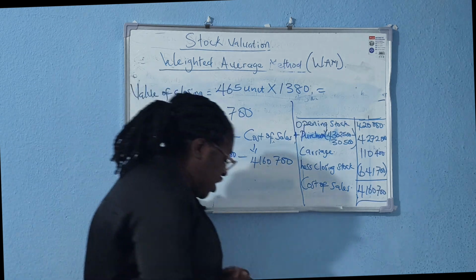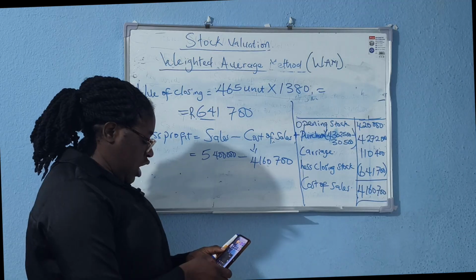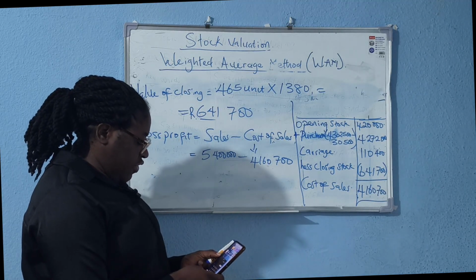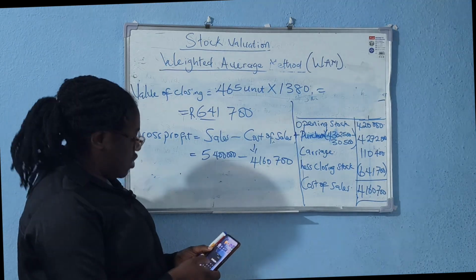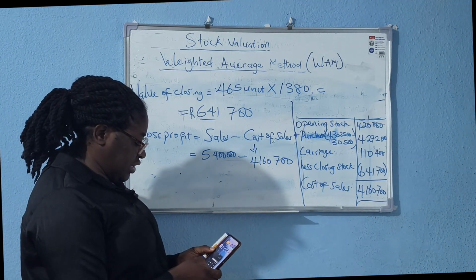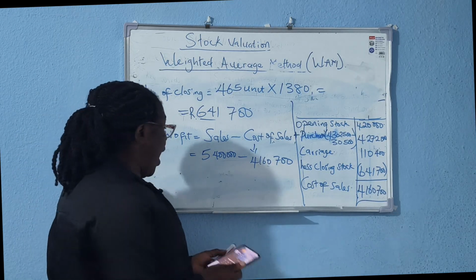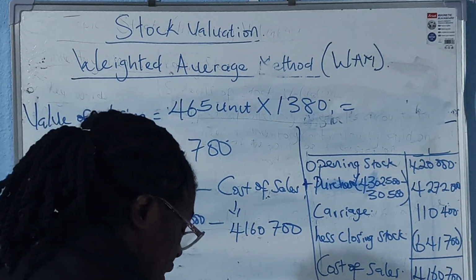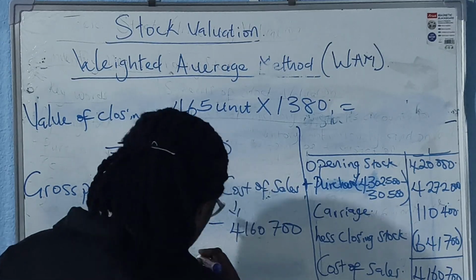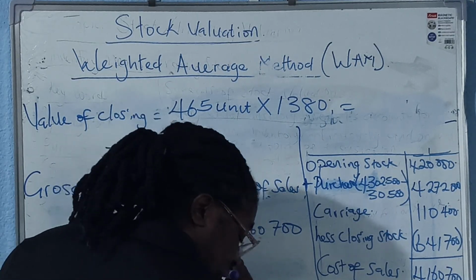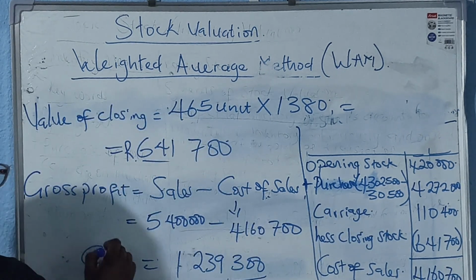Our gross profit will be equals to 5,400,000 minus 4,160,700. So our gross profit is 1,239,300.